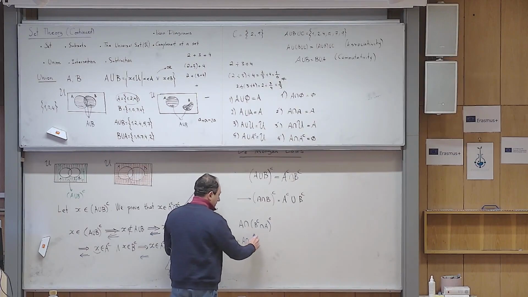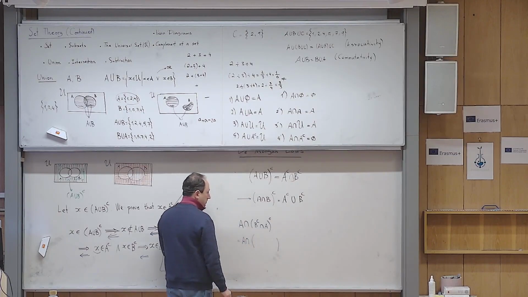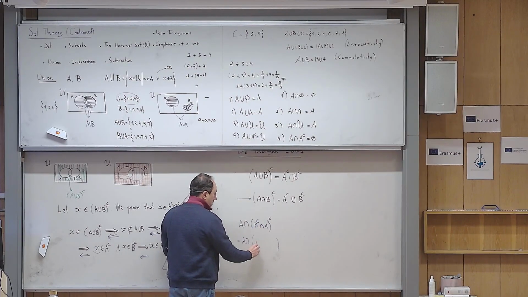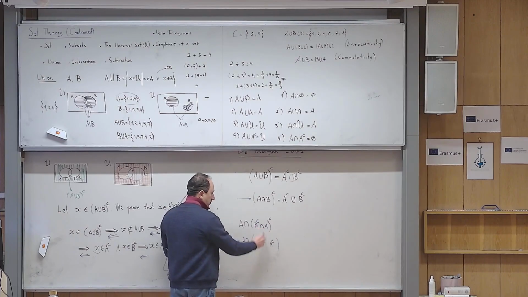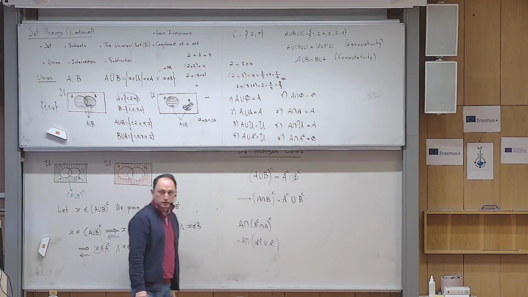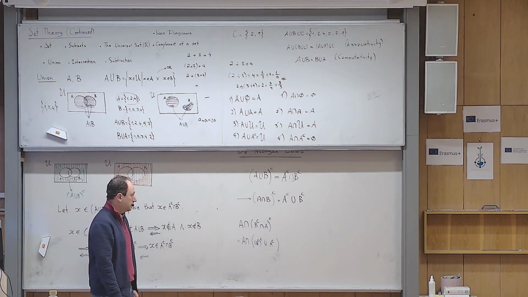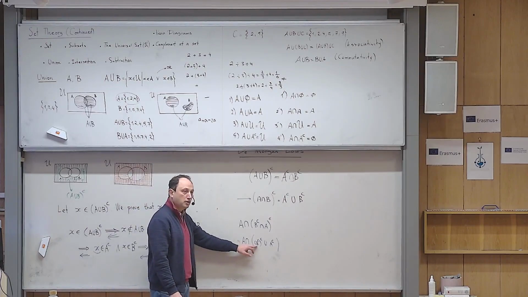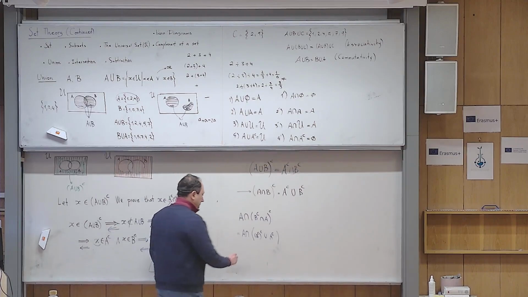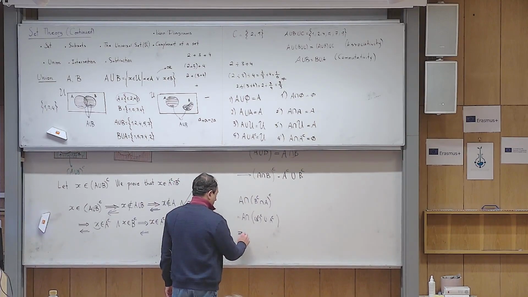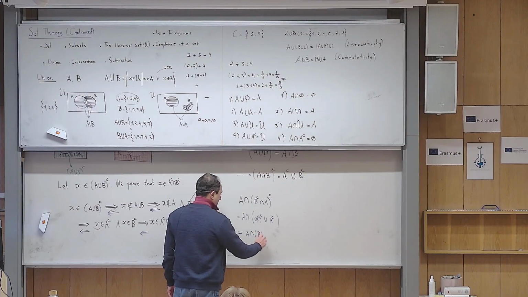So I open a pair of brackets, I complement each one of them, but instead of writing intersection, I write union. That's the first step. But we learned something about B complement before. It's just B. So it becomes B union A complement.